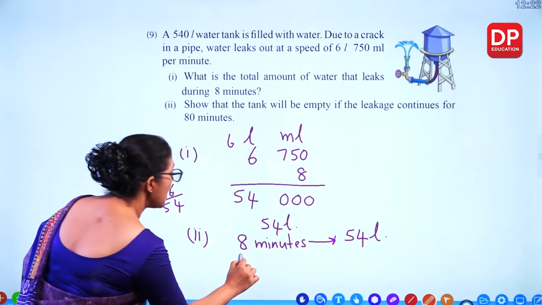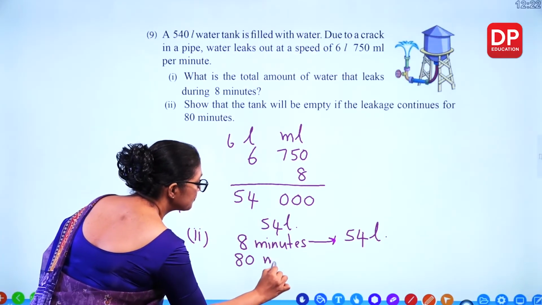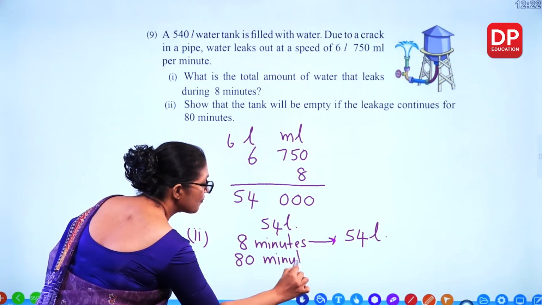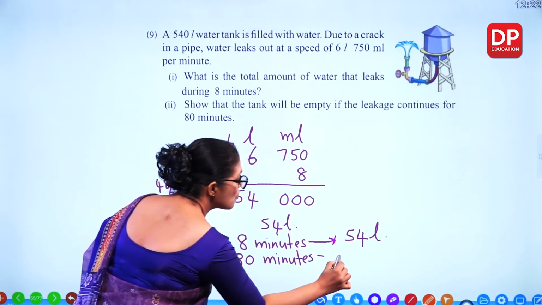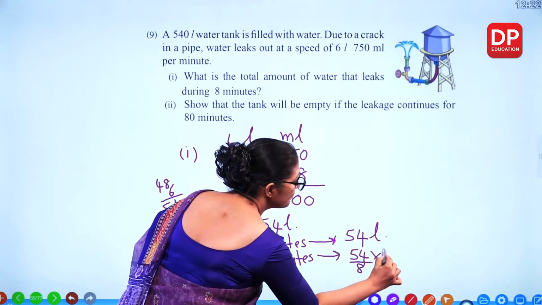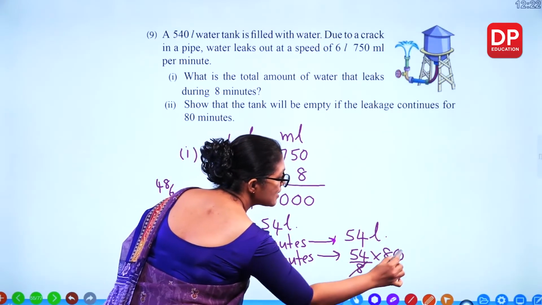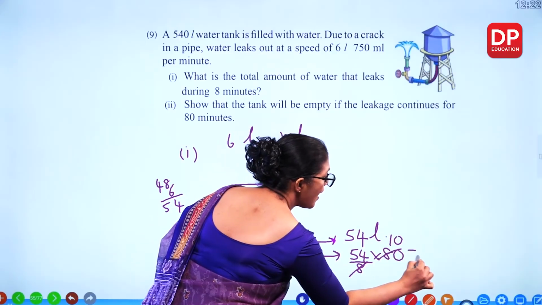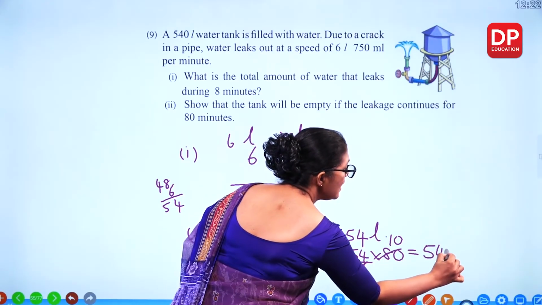Then what about 80 minutes? That means you divide by 8 and multiply by 80. 8 times 10. 540 liters.